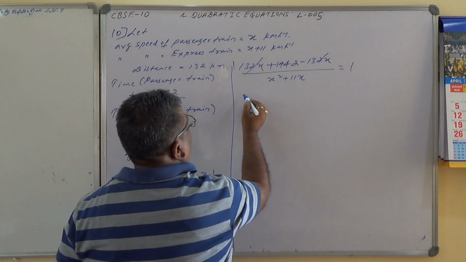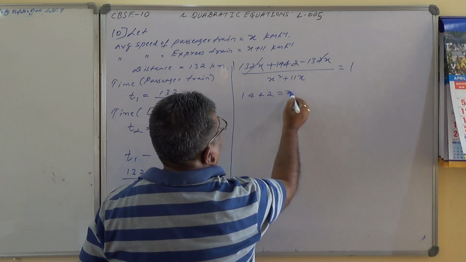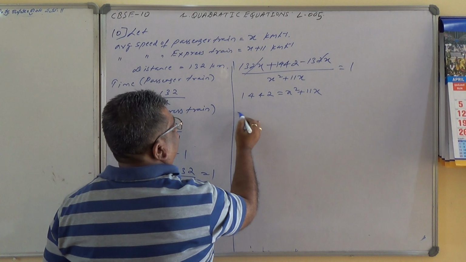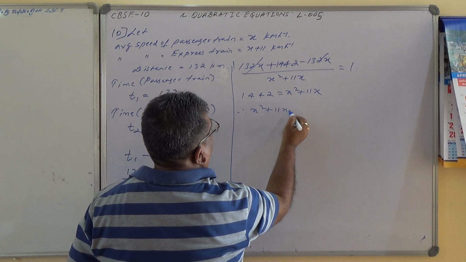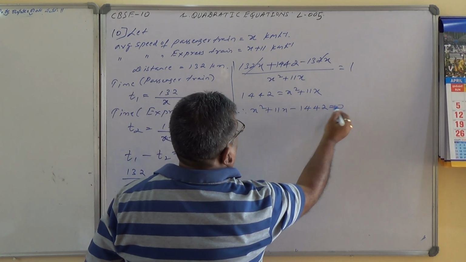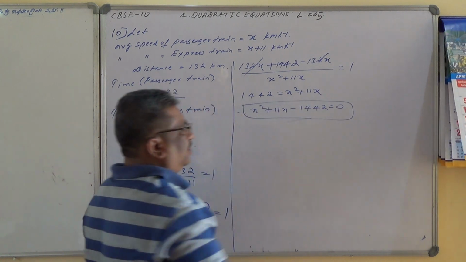This will cancel. So 1442 equals x square plus 11x. Therefore, x square plus 11x minus 1442 equals 0 should be your equation.